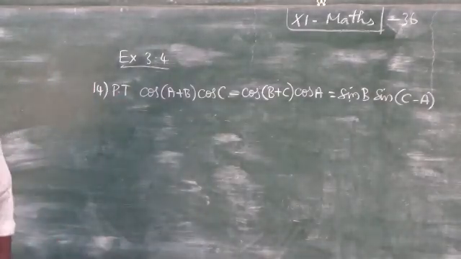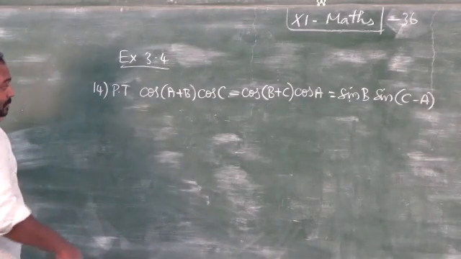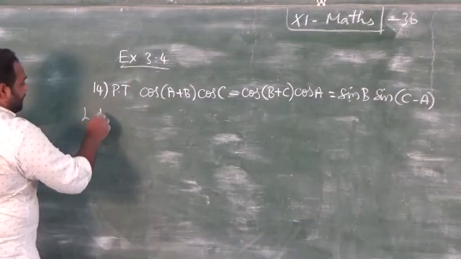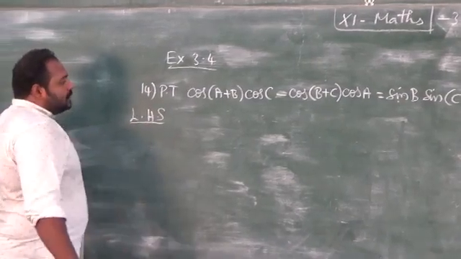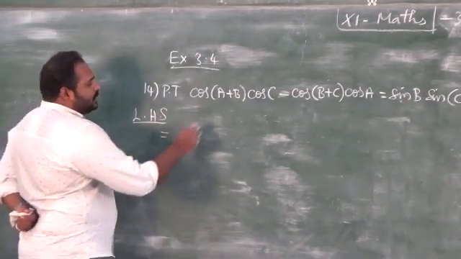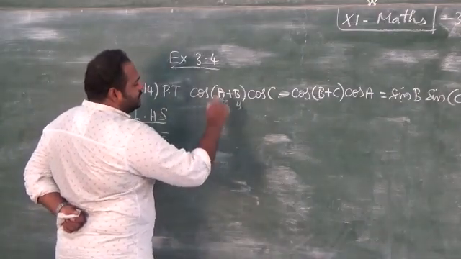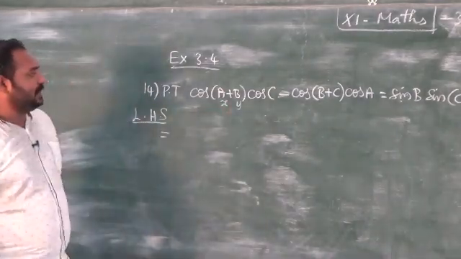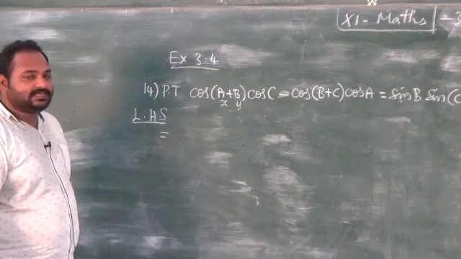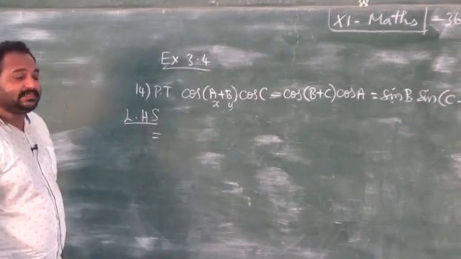So here I am going to take the LHS and prove the RHS side. Take the LHS side. Here I am going to use the cos (x plus y) formula, which is cos x cos y minus sin x sin y.